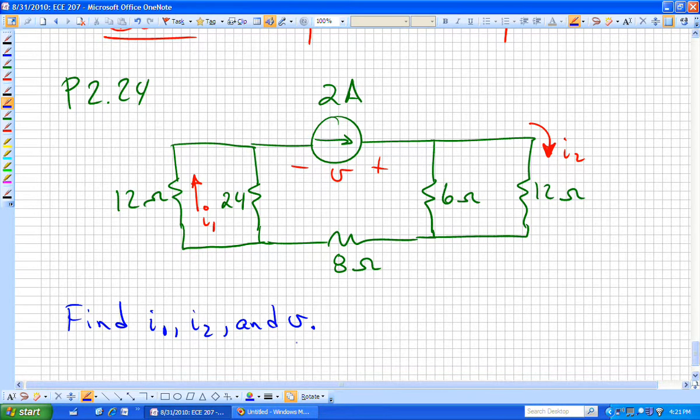What we're going to do is initially collapse those two parallel combinations on the right and the left into one resistor each. The idea is to now really just get 3 resistors in series. And if we have 3 resistors in series, we can add all those up, and now we just have one resistor with 2 amps going through it.